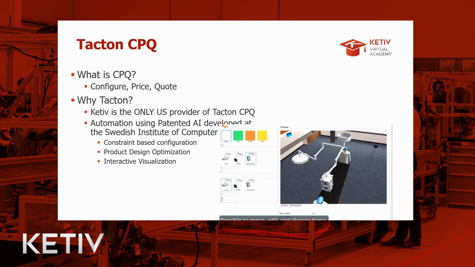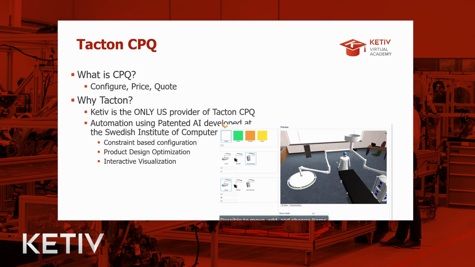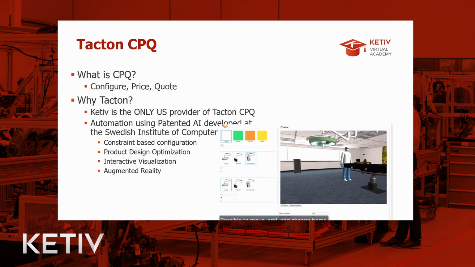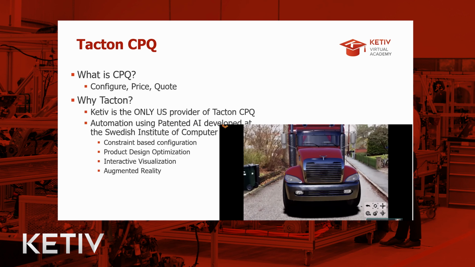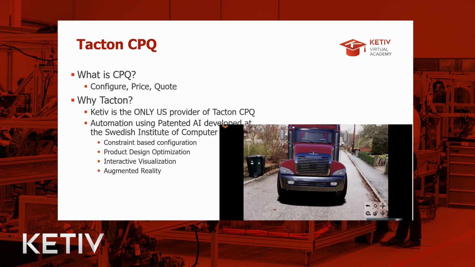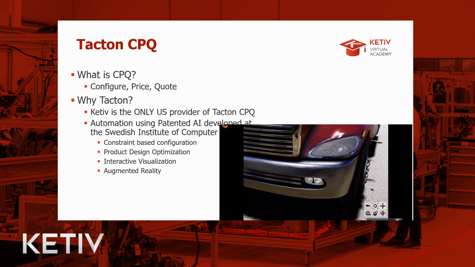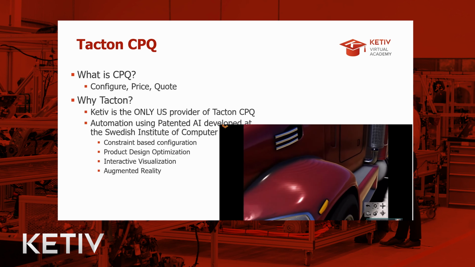It also provides interactive visualization, and there's also augmented reality, in which you can see the product in real time, in real space, walk around it, step inside of it, view it as though it were actually there.